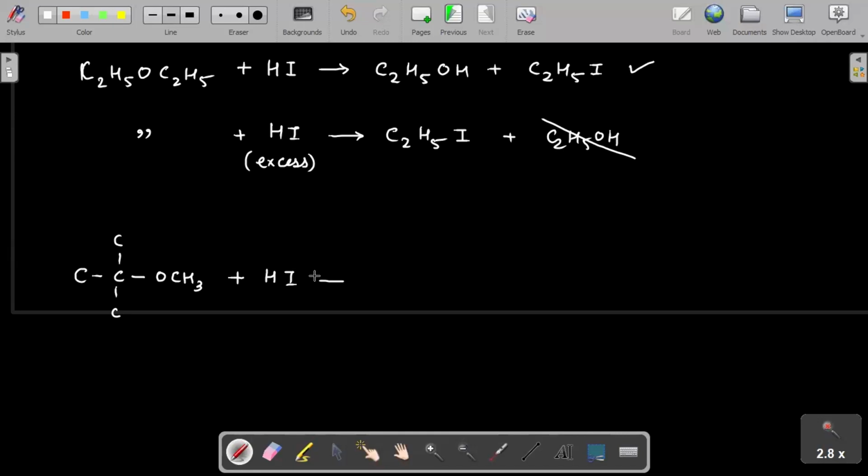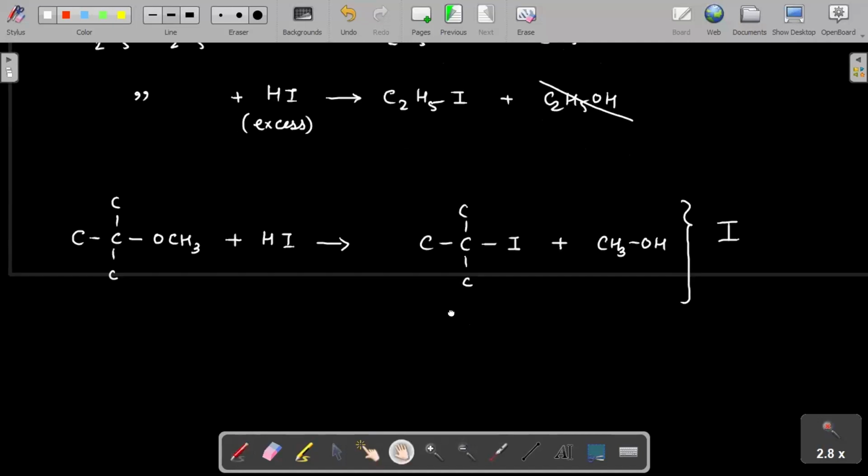So, what could be the possible product? You can write carbon, carbon, carbon, carbon, iodine plus CH3OH. So this is one possibility.